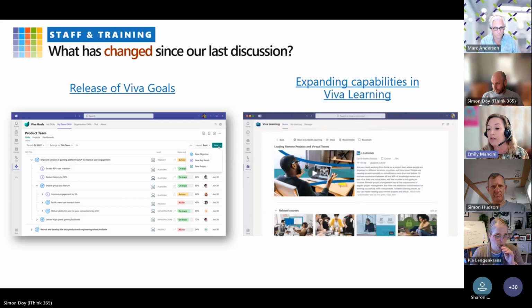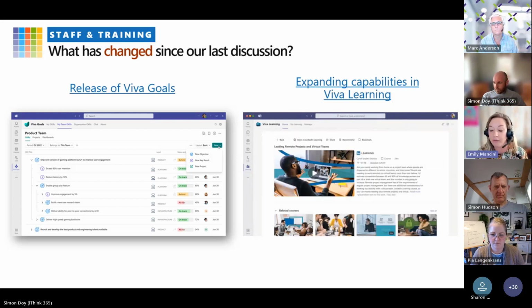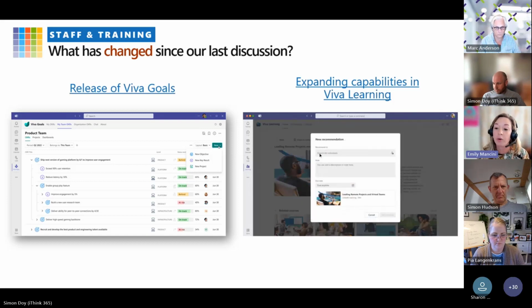We've also expanded some of our capabilities in Viva Learning. So last time we had the staff and training article published, we really focused on Microsoft 365 learning pathways. Now we have additional areas where we can build out our learning content depending on our integration needs and maturity level.